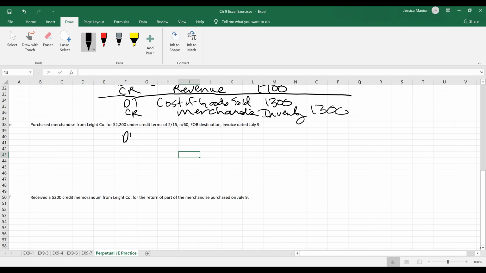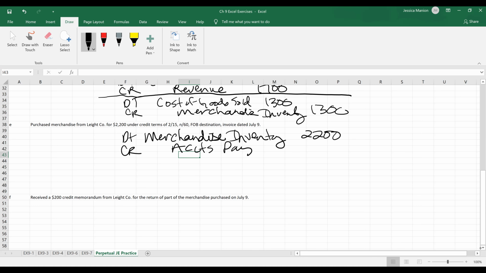Inventory is an asset, so we're debiting merchandise inventory, $2,200. Crediting accounts payable, $2,200. Yep, that's all we need for that one.